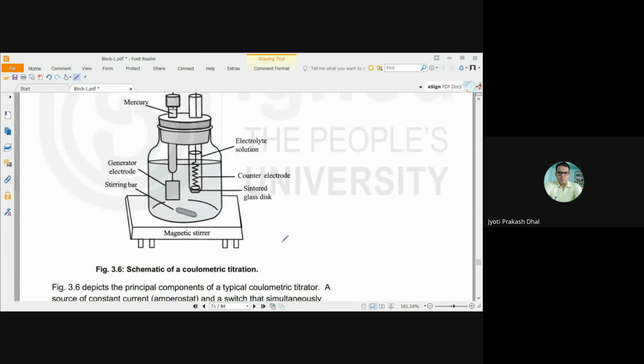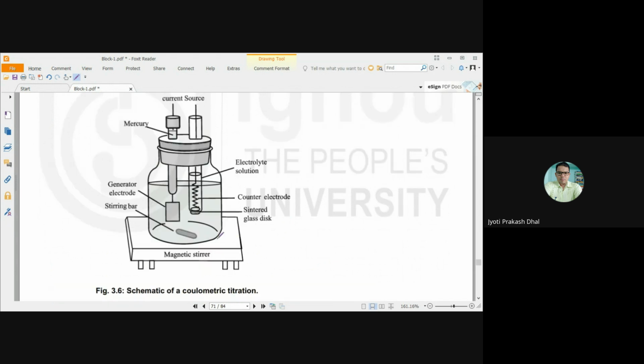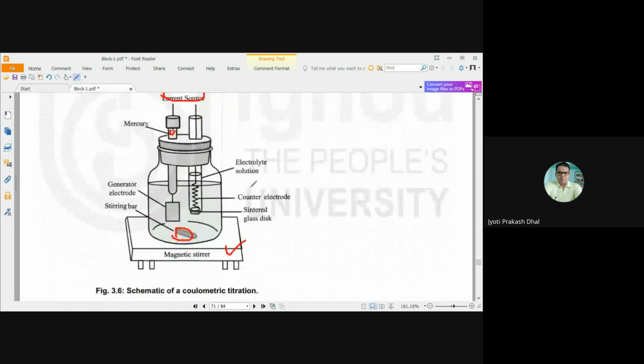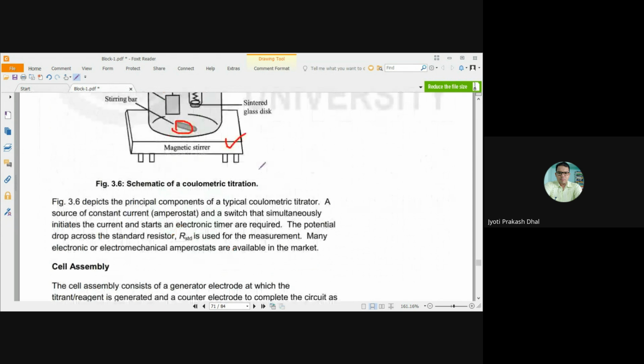So this is the schematic of a coulometric titration method. This one is the magnetic stirrer, and this one is the stirring bar, magnetic bead, and here the mercury electrode is there. The constant current source will be connected to the two electrodes. This one is the counter electrode containing electrolytic solution.